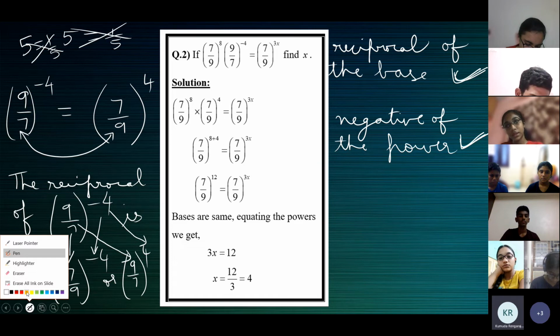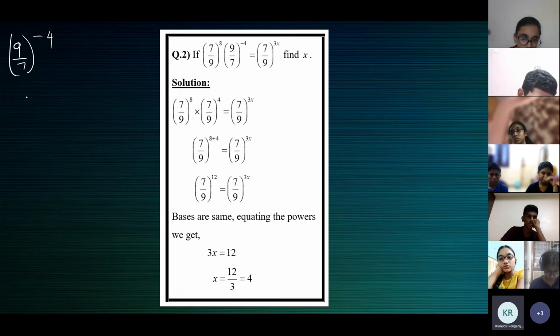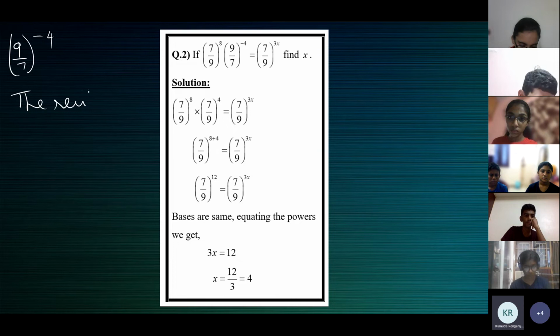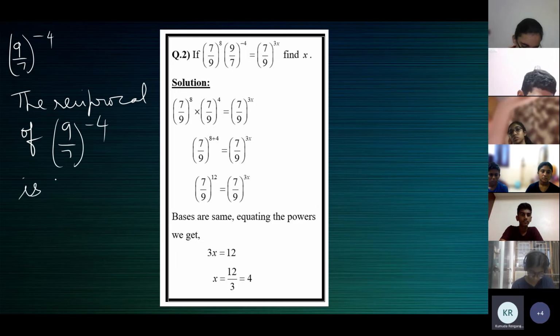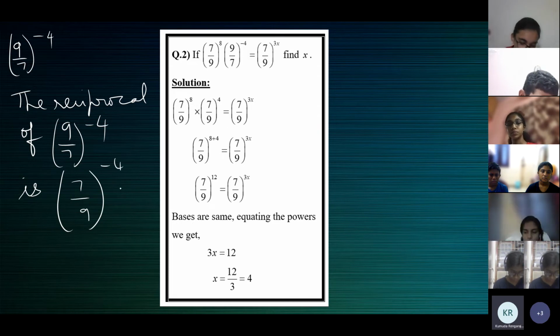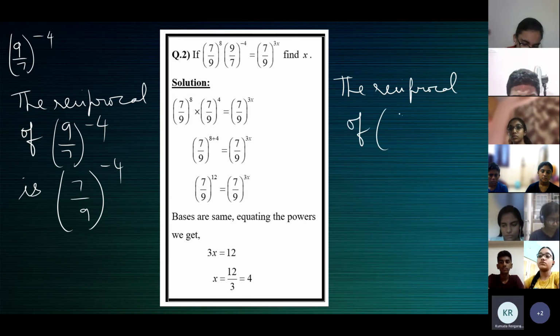Let me clear the slide and write it again for you. (9 by 7) to the power minus 4. The reciprocal of (9 by 7) to the power minus 4 is, I'm taking the reciprocal of the base. I'm writing the power as it is. Or the reciprocal of (9 by 7) to the power minus 4 is, I'm not taking the reciprocal of the base.